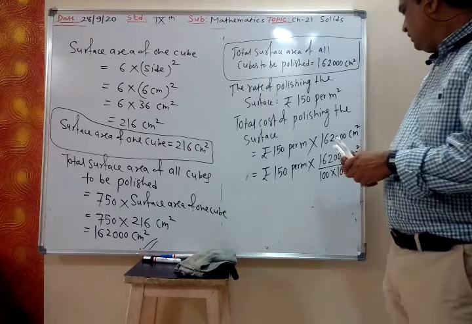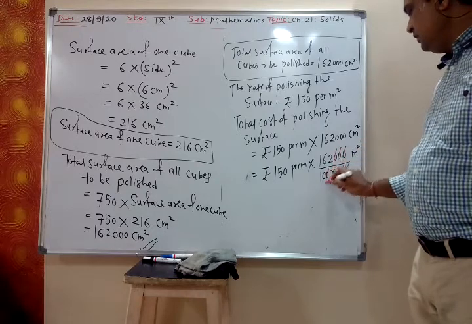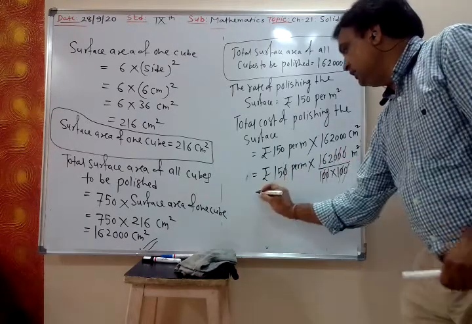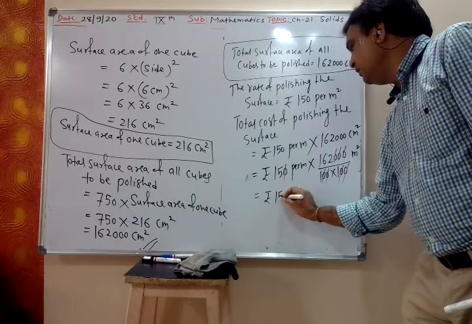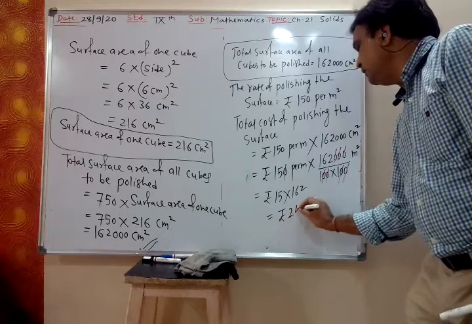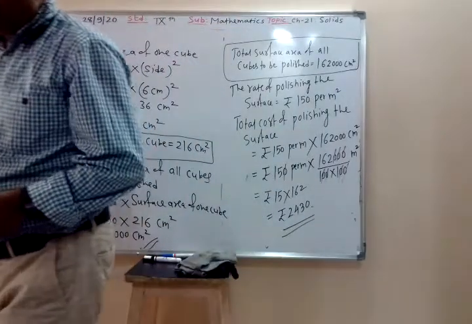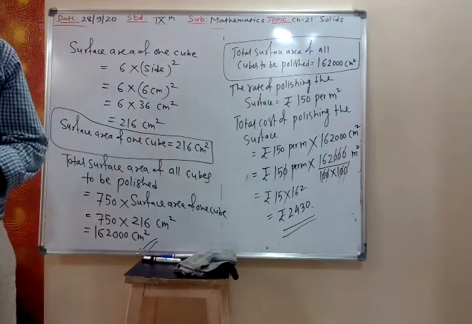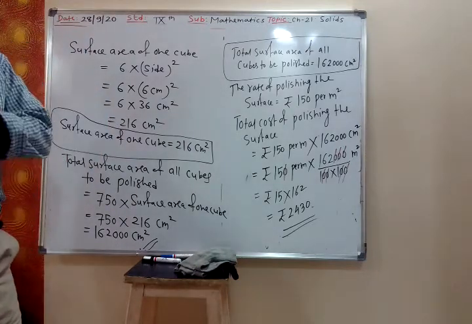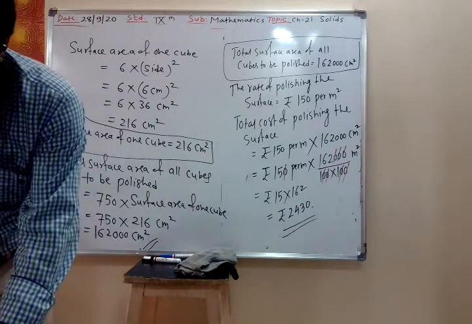Now the zeros get cancelled. So 15 into 162. 2430 is the total cost of polishing the surface.